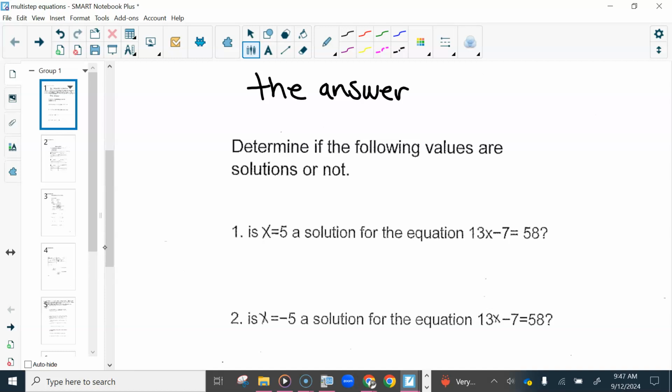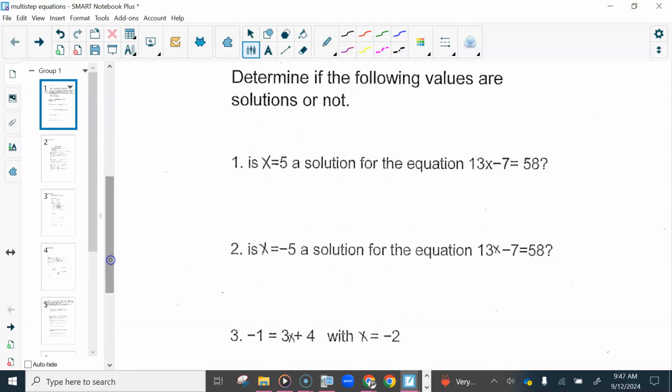If let's say I solved this and I got this as an answer at the end, how could I determine if this is the solution or answer to this, Alex? Yes. We're going to take 5 and put it back in. So all the testing that we were just doing for the ordered pairs is going to come back into play here. I'm going to take that 5, put it in where x is.